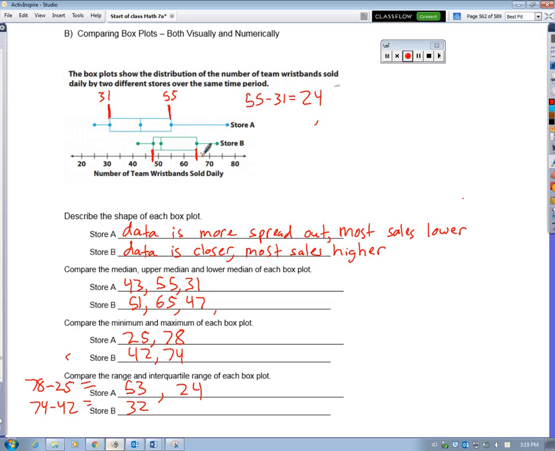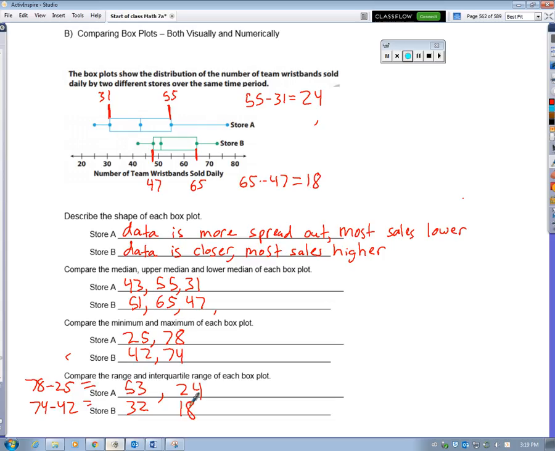And if we're going to do the same thing with store B, we'll say 47, and this is right here at 65. So then we could subtract those two, 65 minus 47, and that's going to get us 18.